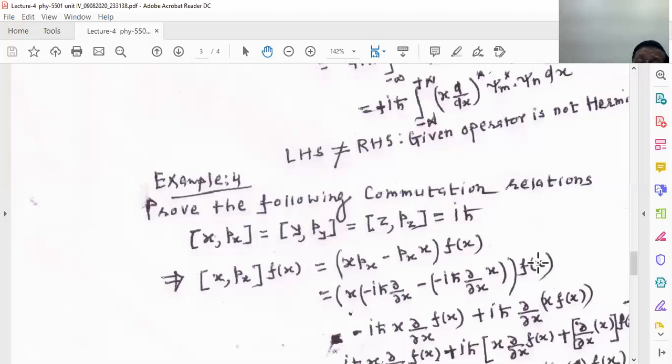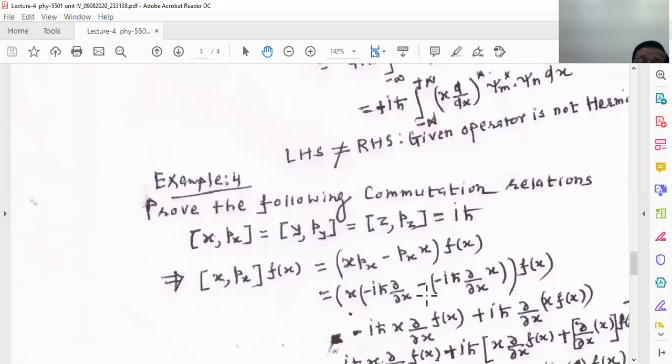The first part is operating on f of x, and iħ is constant, so I write down minus iħ is constant. So this is x del by del x, and this term is operating on f of x, so I write down minus iħ x del by del x operating on f of x.